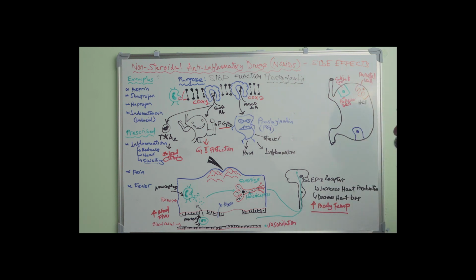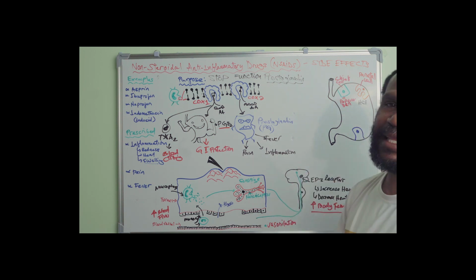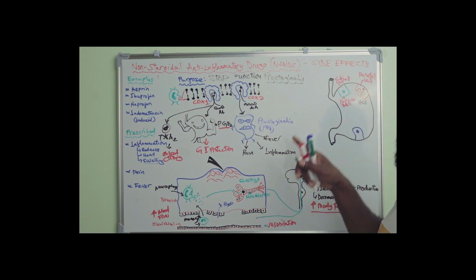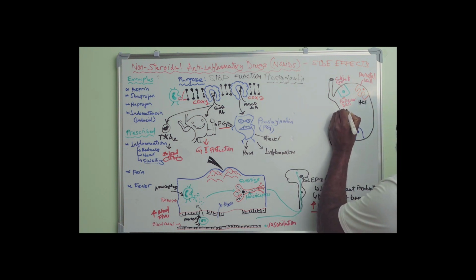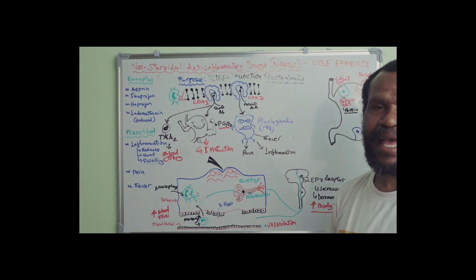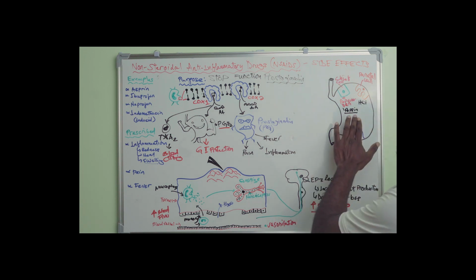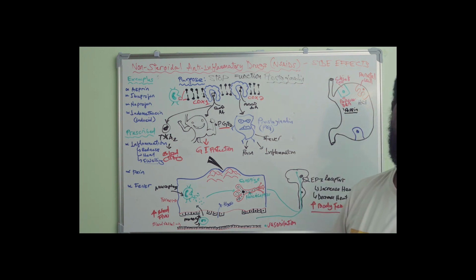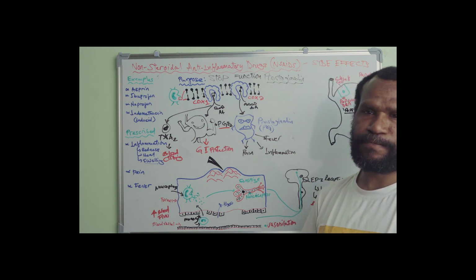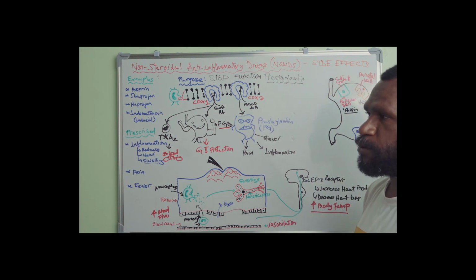Once pepsinogen is secreted into this acidic environment, it will be activated to become pepsin. Pepsin is the active form, and the function of pepsin is to digest proteins. It breaks down proteins.